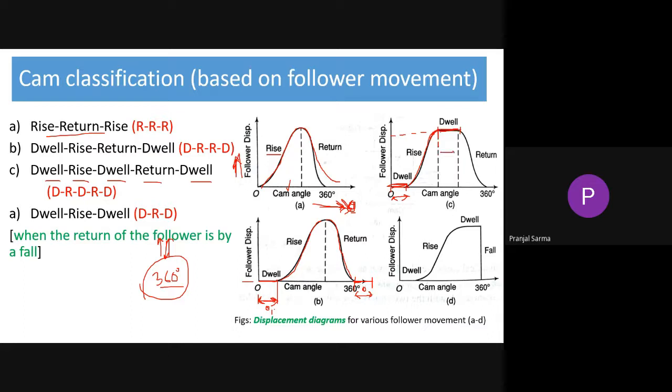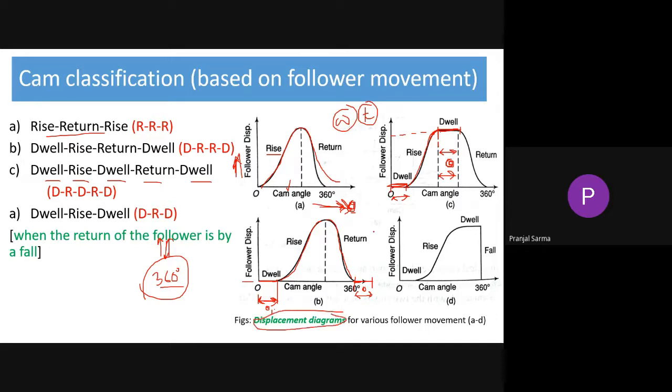In terms of the angle, this much will be the dual angle, and since the cam is rotating with a certain angular velocity, rotating by this much angle takes a certain time t, and that time is known as the dual time.